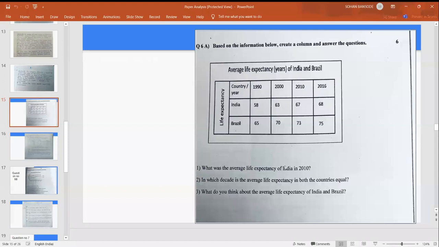So the answer would be no. Both countries don't show equal average life expectancy. Okay. What do you think about the average life expectancy of India and Brazil? Whatever your conclusion is, you just have to explain it in 2 lines only. So I'll move towards the answer.